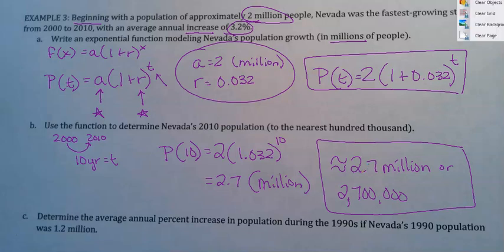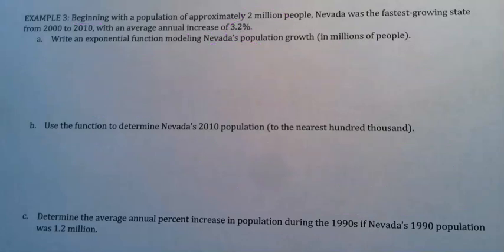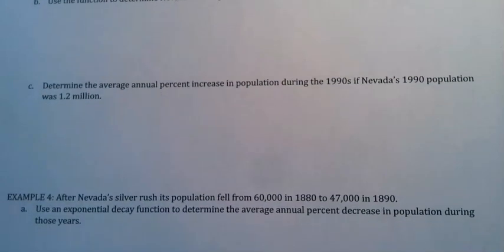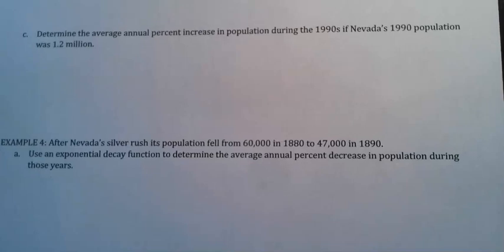So let me erase. To do C, determine the average annual percent increase in population during the 1990s if Nevada's 1990 population was 1.2 million. Okay, so this one we're going to have to do some working backwards. Okay, so we had this P of T equals 2 times 1 plus 0.032 to the power of T. But that was when our initial population was 2 million.